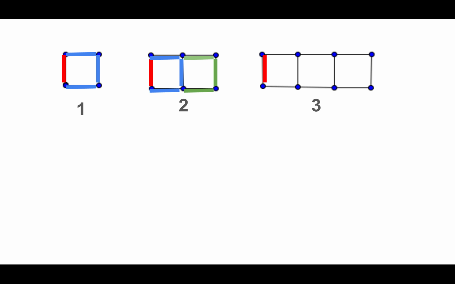Figure number 3 is my 1 red with the 3 blue, the 3 green, but now I'm going to add 3 purple. So you can think of this as figure number 1 is 1 plus 1 set of 3, or 3 blues. Figure number 2 is 1 red plus 3 blues plus 3 greens, or 2 sets of 3. And figure number 3 is 1 red plus 3 blue plus 3 green plus 3 purple, or 3 sets of 3.